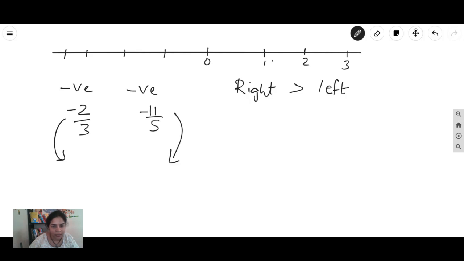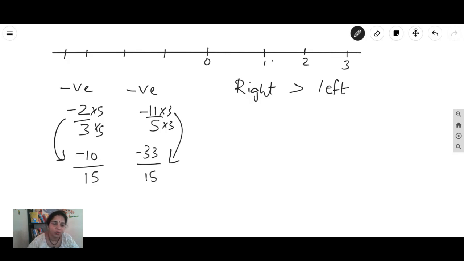Then, as we did last time, we get negative 33 over 15, because we multiply by 3 on one and by 5 on the other. So the other will be negative 10 over 15. Now we have to compare these two.